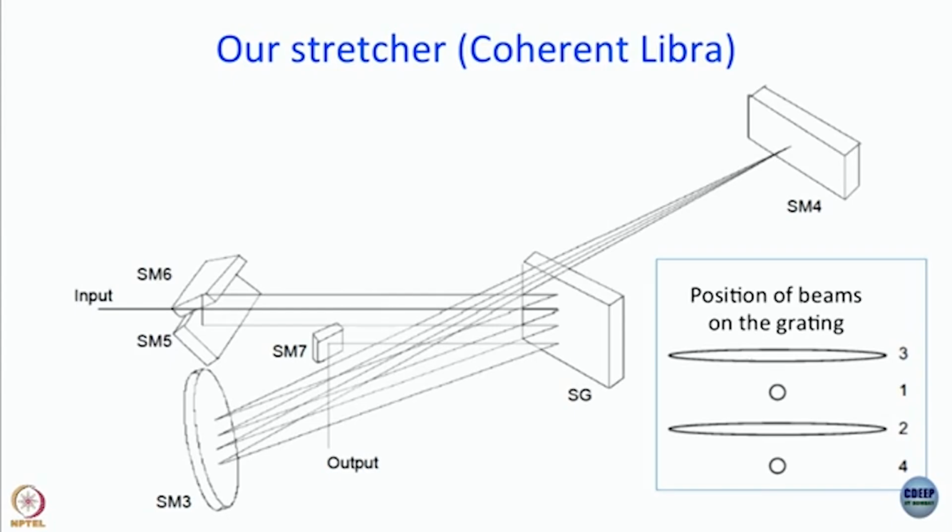It is a simple unchirped beam hitting the grating. On the grating it looks like a spot, a circular spot. We will come to these 2, 3, 4 relative positions later. So, this is where it comes, goes to SM3, which is a circular big mirror. From SM3 it goes to SM4.